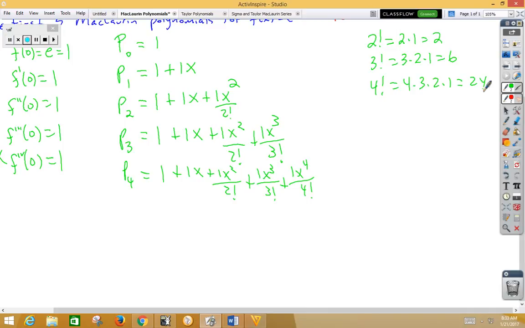So if we just arbitrarily choose one of these, let's take the fourth degree Taylor polynomial. That could also be written as 1 plus x plus x squared over 2 plus x cubed over 6 plus x to the 4th over 24. So just realize sometimes you'll have to write that out.